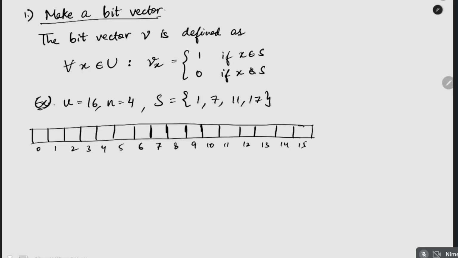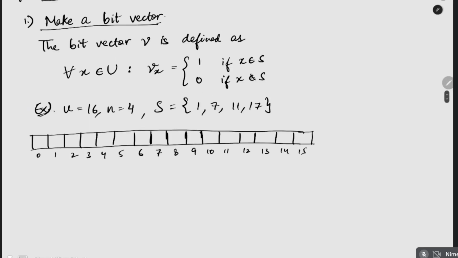Because we need to indicate these values as bit fields in this array, so we just put 1 if the value is in the set S and 0 otherwise. And this is incorrect.